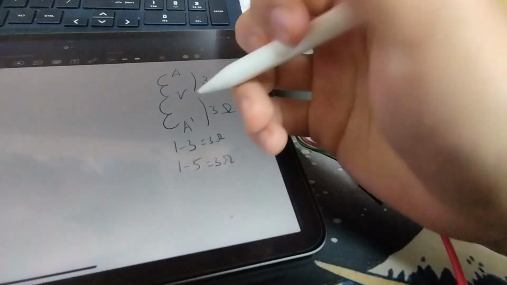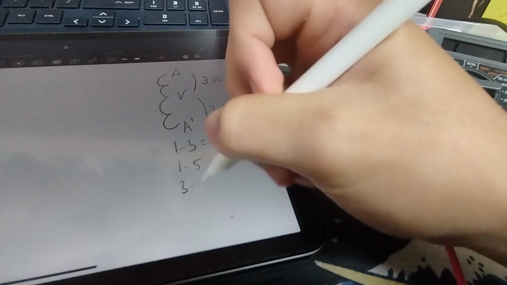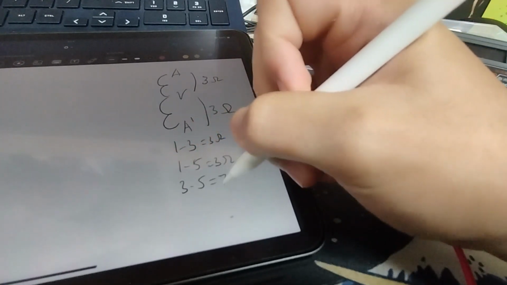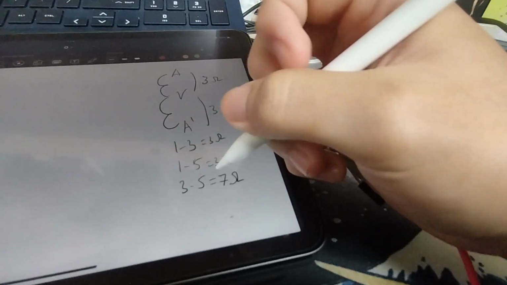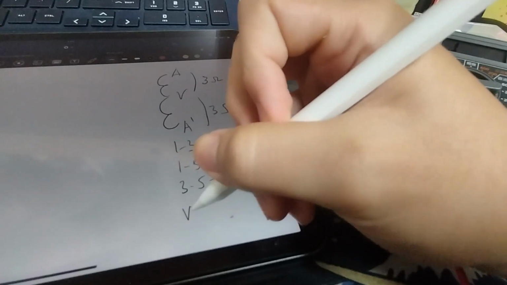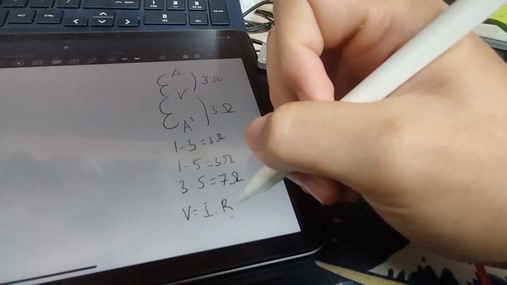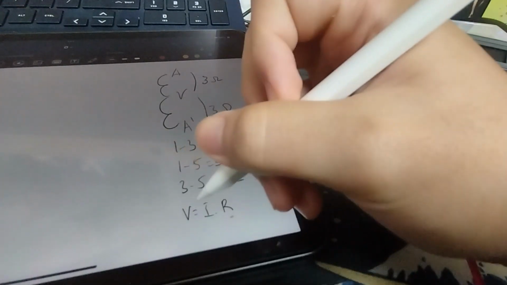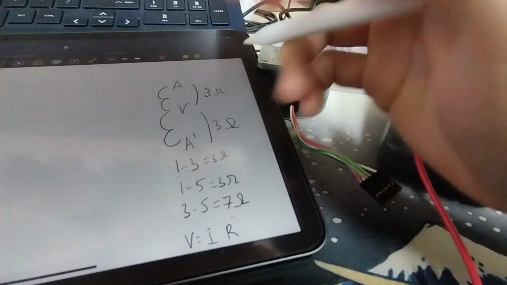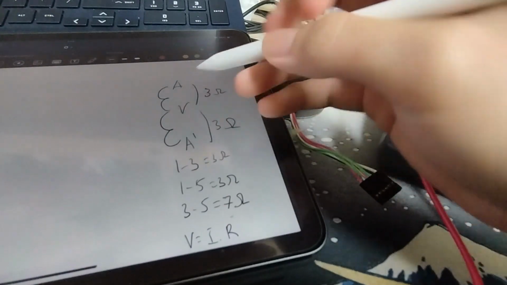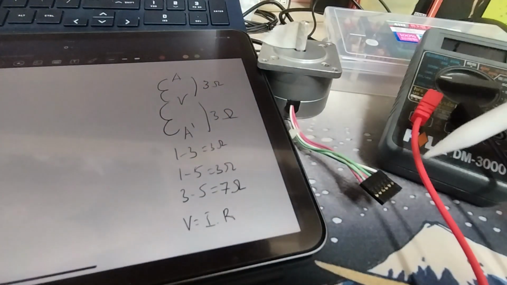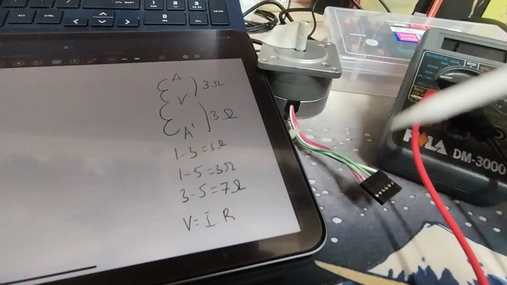But when you go to 3 to 5, we have 7 ohm. As we can see from this equation, the bigger the resistor is, the bigger the volt is. So from this picture right here, we can assume that this one on the end is the V.